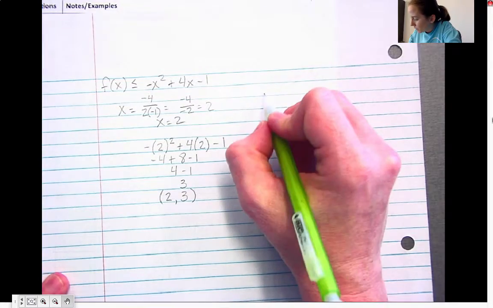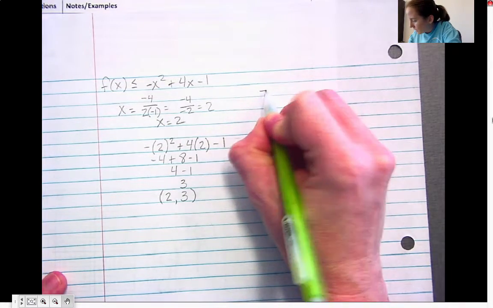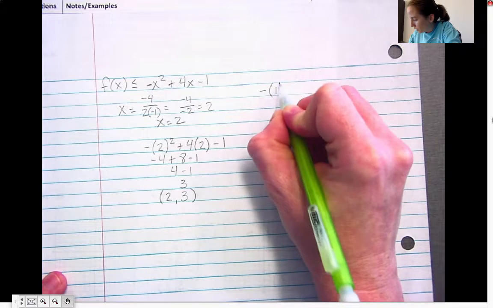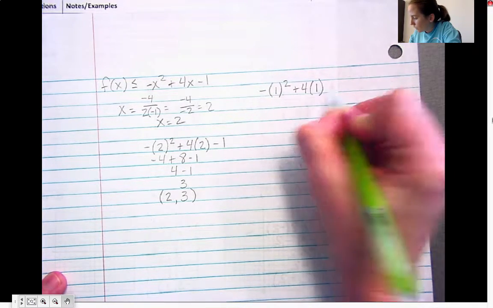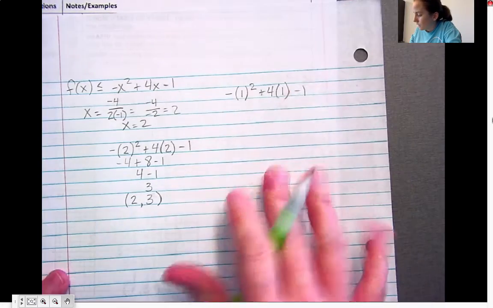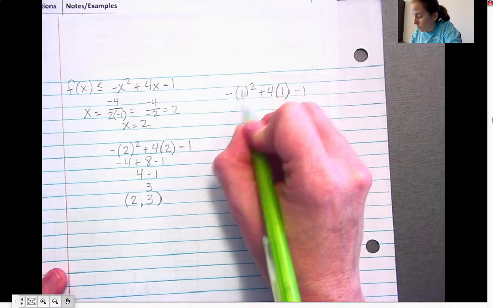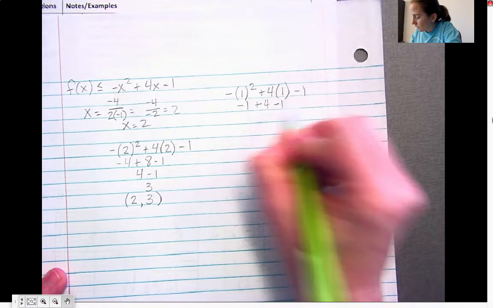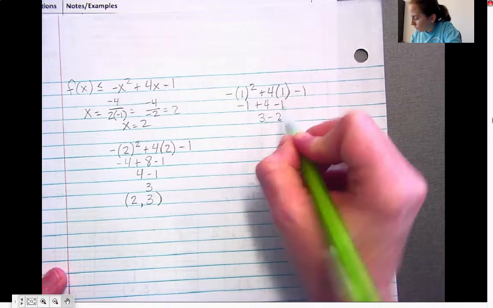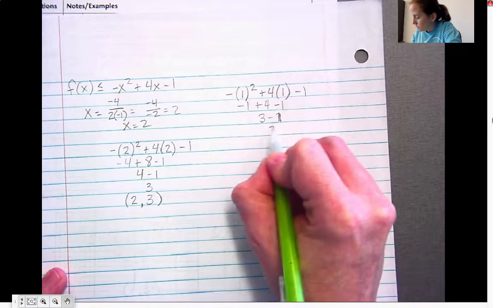At 1, I'm going to plug in, I have negative, the x value is 1, I have to square it, plus 4 times the x value of 1 minus 1. And I have 1 squared is 1, so I end up with negative 1 plus 4 minus 1. This is 3 minus 1, which is 2.